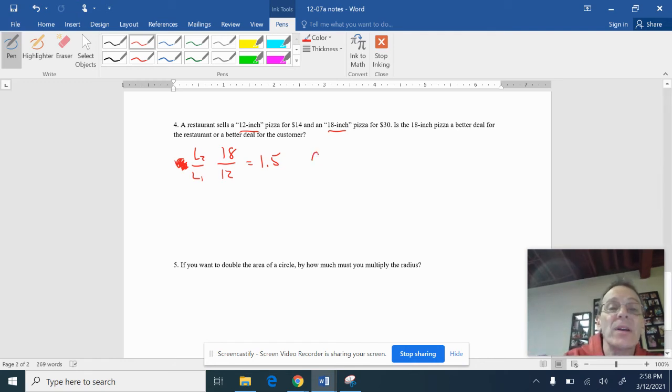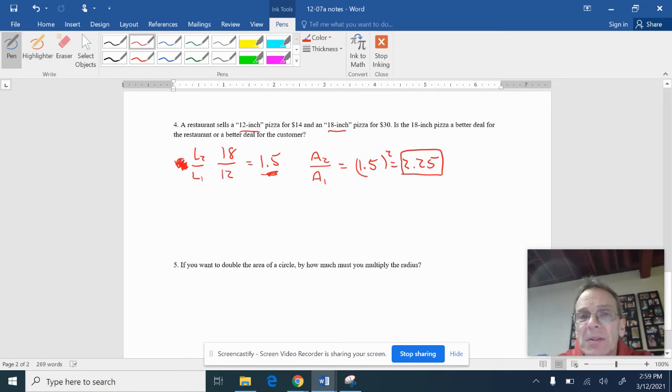So area of the second pizza over the area of the first pizza needs to be that number squared, well, that will be the ratio of the areas. Okay. So 1.5 squared is equal to 2.25. I just know that off the top of my head.